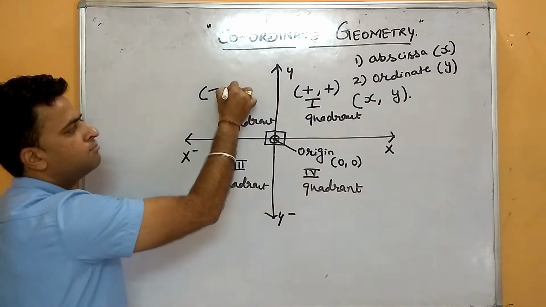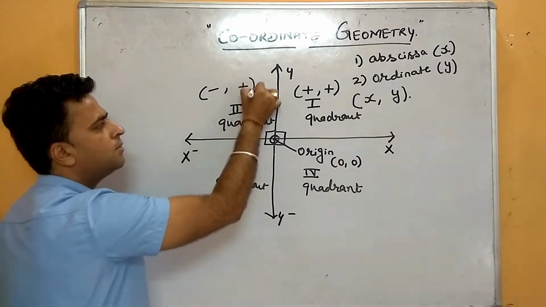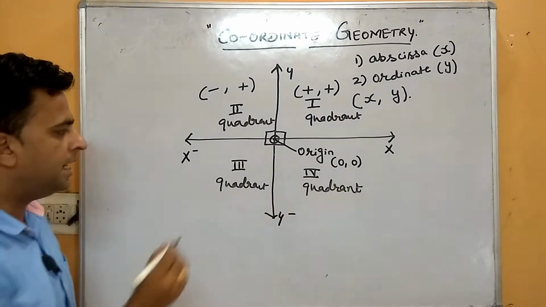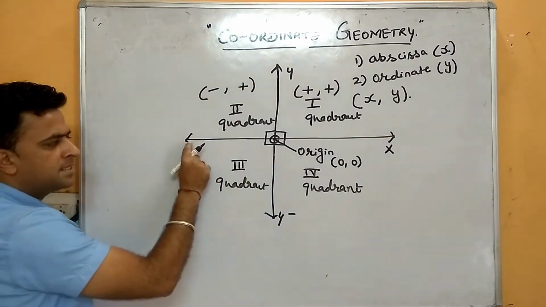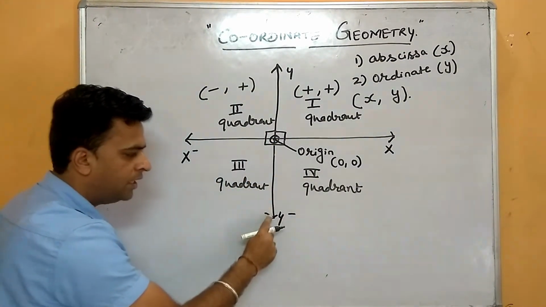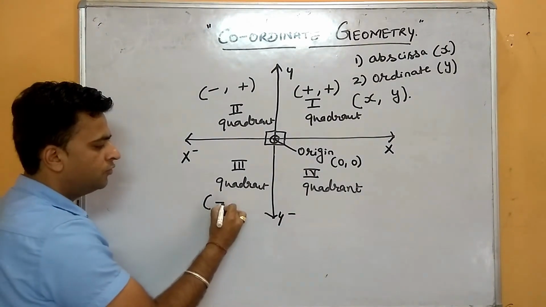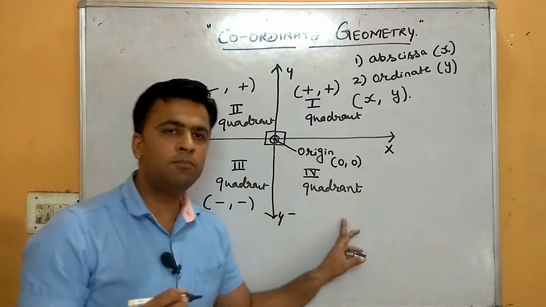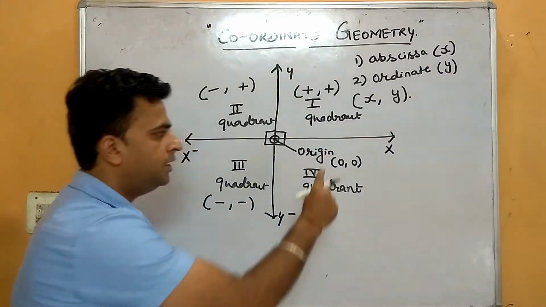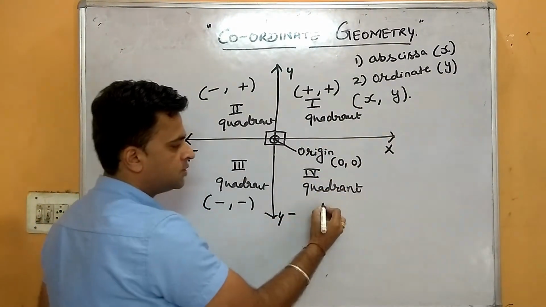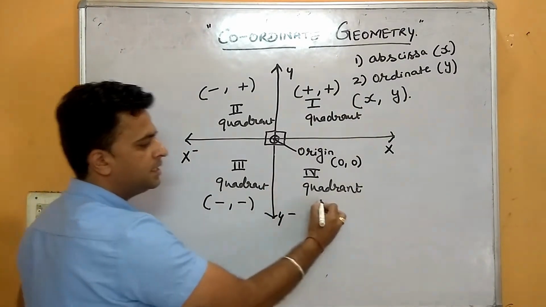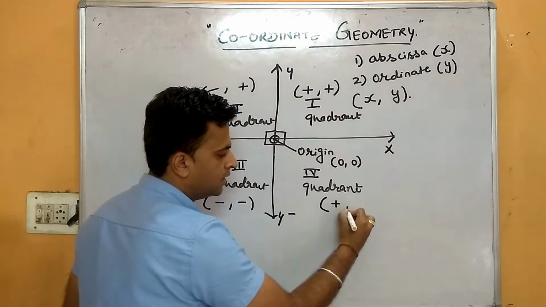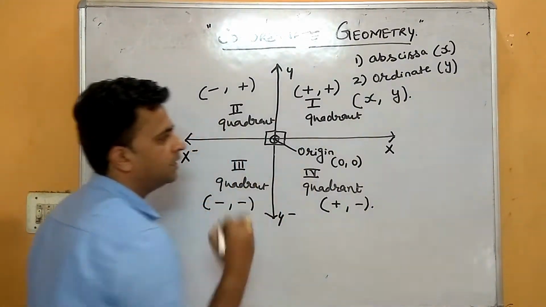In the third quadrant, the value of x is negative as well as the value of y is negative. In the fourth quadrant, the value of x is positive and the value of y is negative.